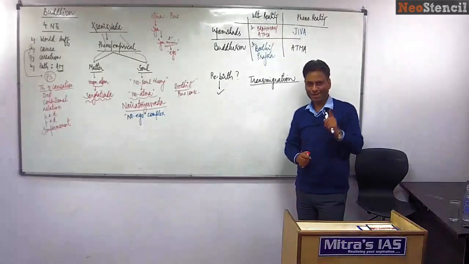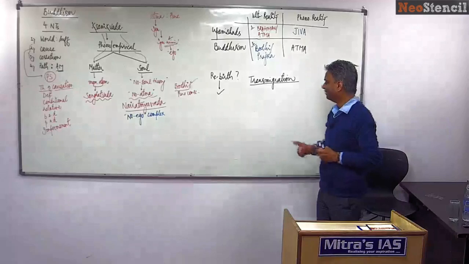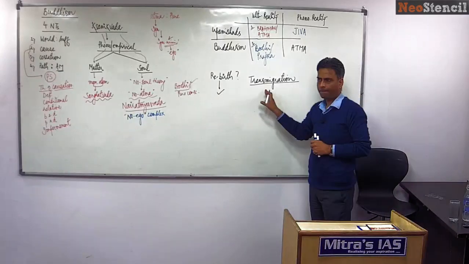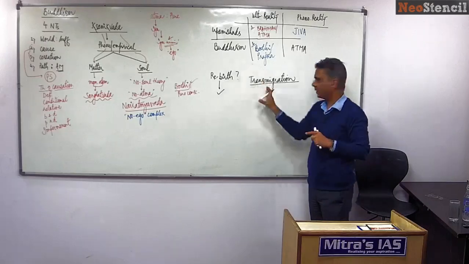This silence is according to convenience. Because there is no speculation. Does he accept transmigration? Yes, sir. No. Yes. Those who are saying yes, how can they afford to say yes? Because Buddha believes in Kshanikvad. Transmigration मतलब?